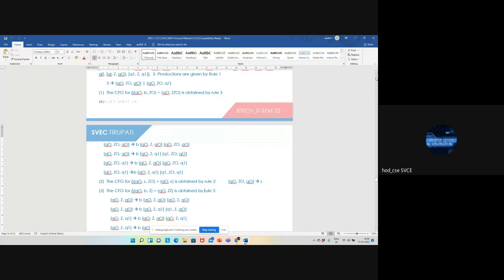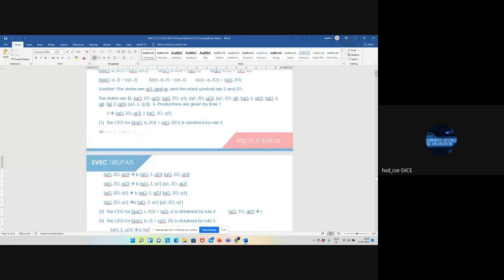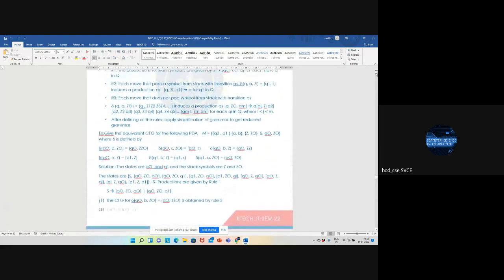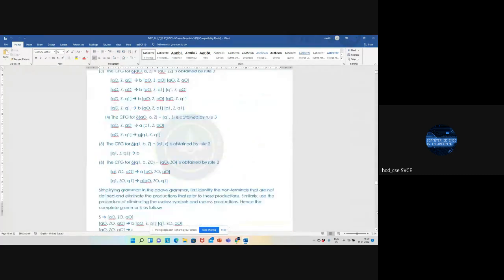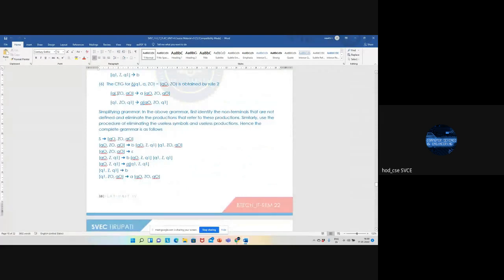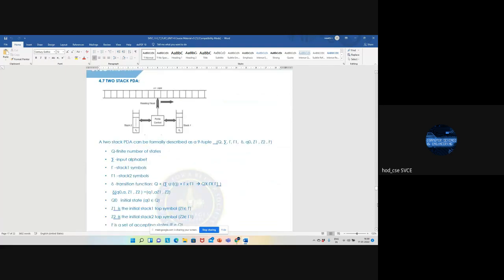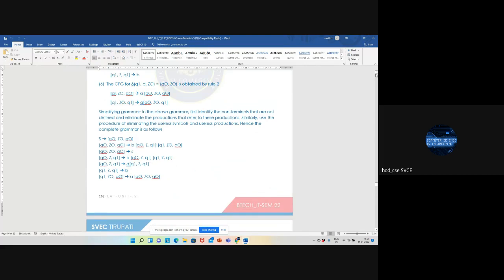Here we have given the procedure, rules R1, R2, R3, and we have to apply all these three rules. Then finally we get this solution. These are the productions, the start symbol productions of the grammar and the remaining productions. So this is an important topic, converting PDA to context-free grammars and context-free grammars to PDA.